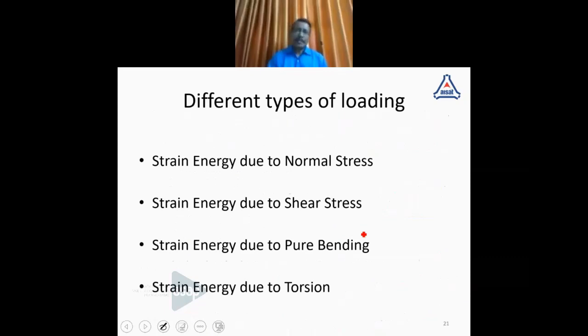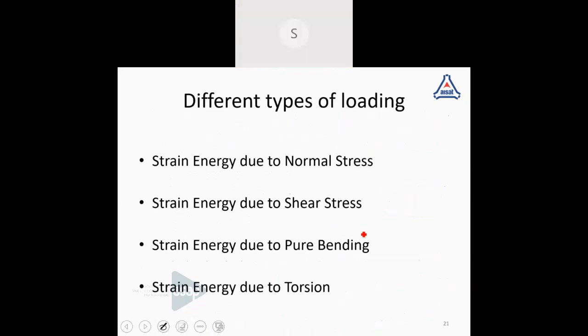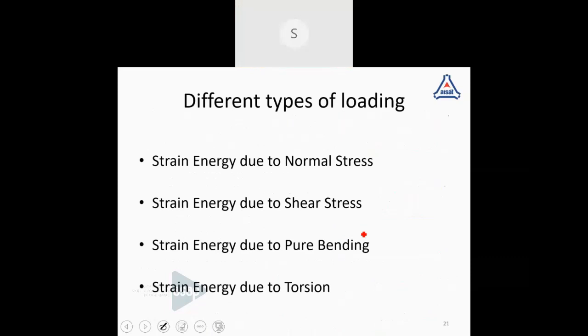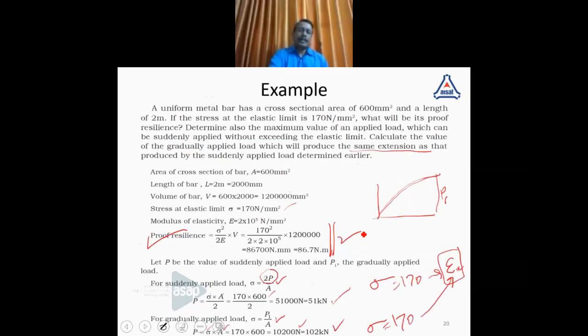What is proof resilience? Proof resilience means resilience at the maximum value of that load which is applied. Resilience means strain energy density, and strain energy density corresponding to this sigma. So when you are gradually applying the load, the sigma value is gradually increasing from 0 to the final value.